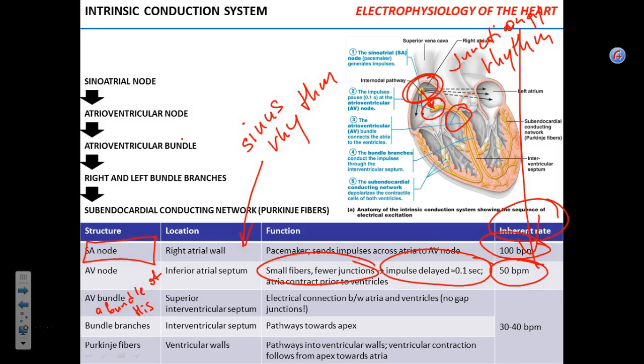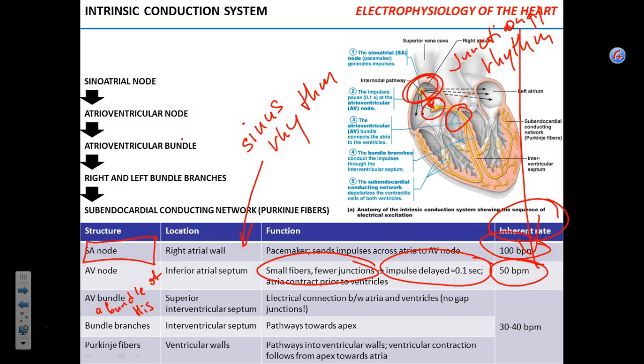And you obviously do not need that. You need atria to contract first and ventricles to contract with a certain delay. Do I make sense here? Okay, so since AV bundle is the only structure that electrically connects atria and ventricles, it allows coordinated, delayed contraction of ventricles. Does that make sense?